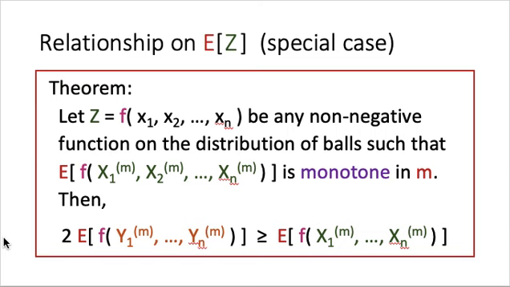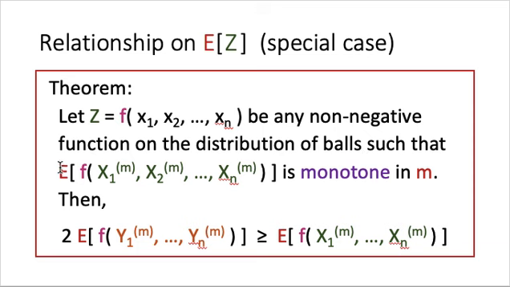And finally, this is a special case of the previous relationship. Suppose that this time we have everything the same as before. Z is a random variable based on the distribution of balls.